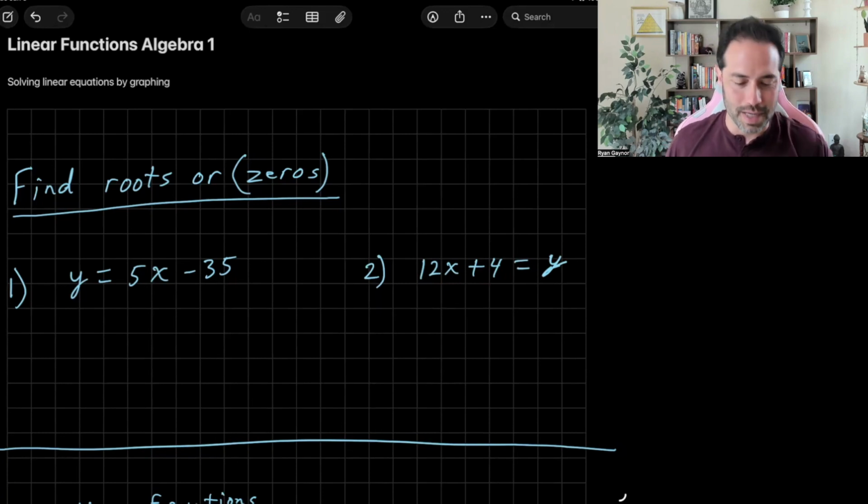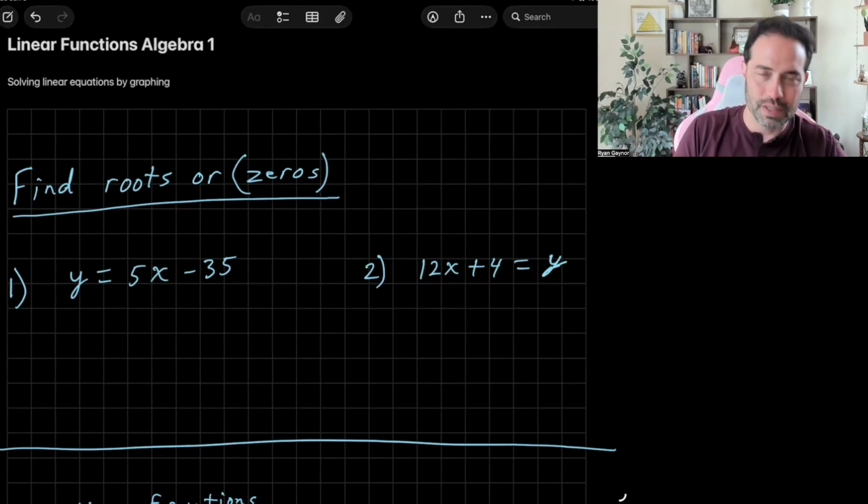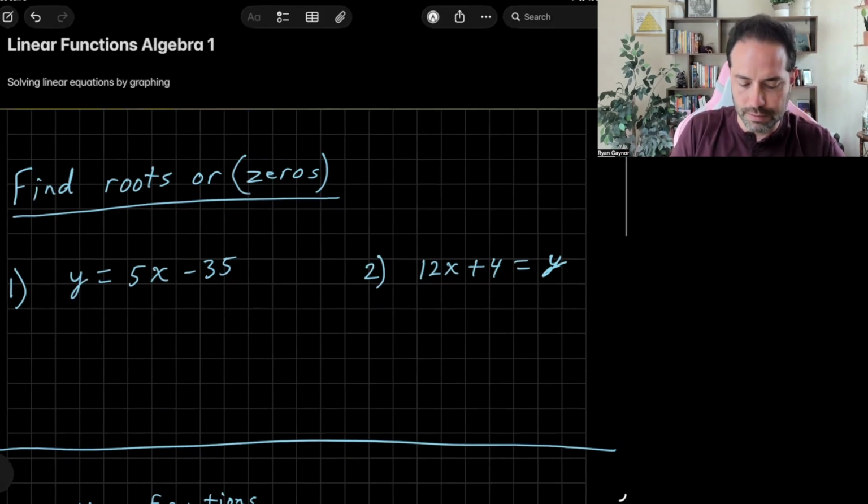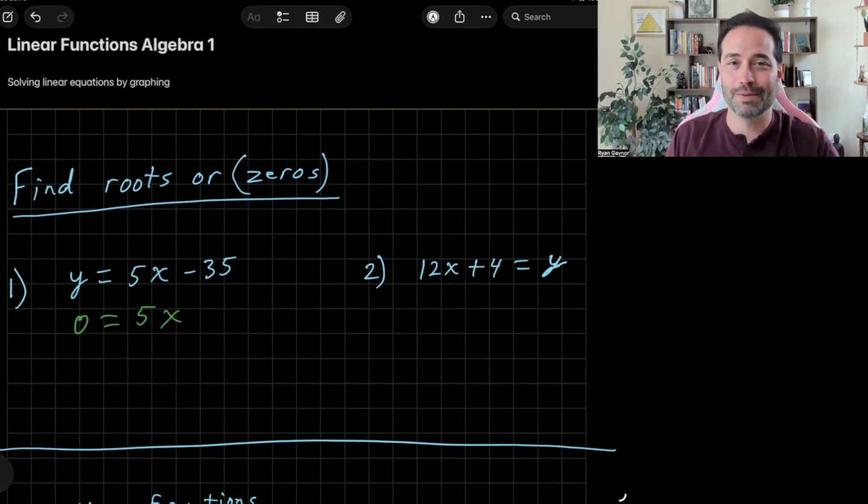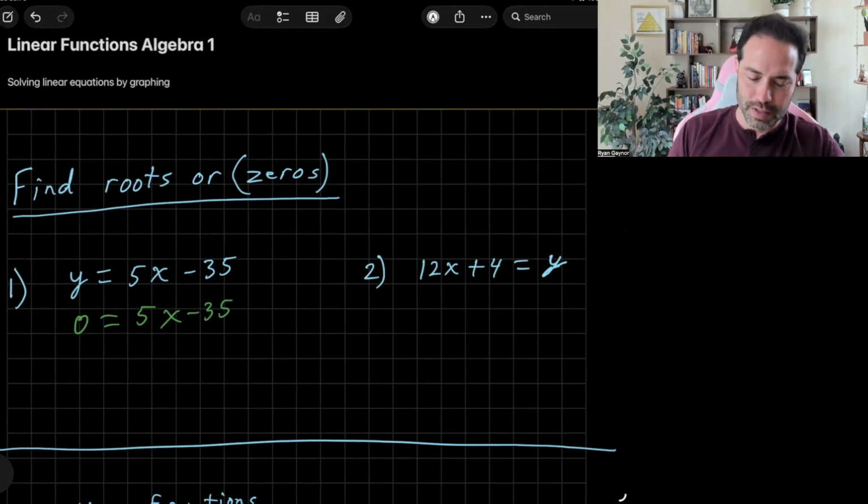Okay, so let's figure this out. So we're going to start by solving it algebraically. So we plug in 0 for y, 5x minus 35, right? So 0 equals 5x minus 35. So we use our algebra skills, right? So we do the opposite. So we add 35 on both sides.